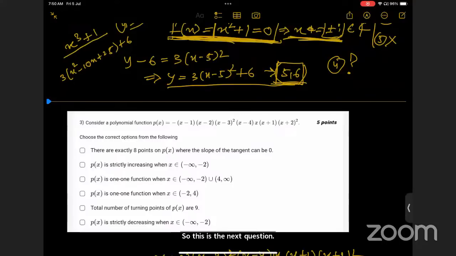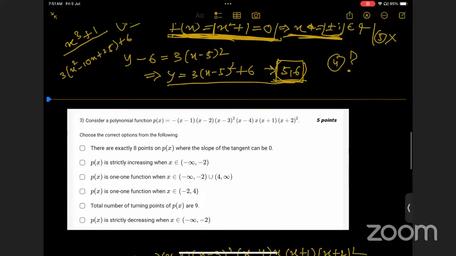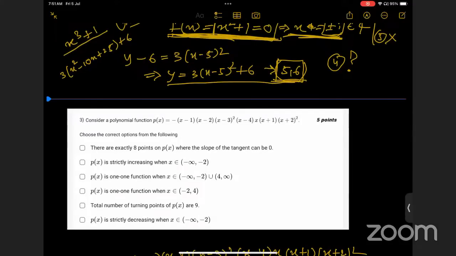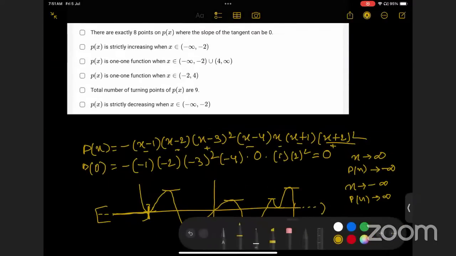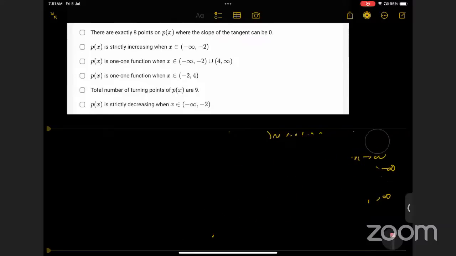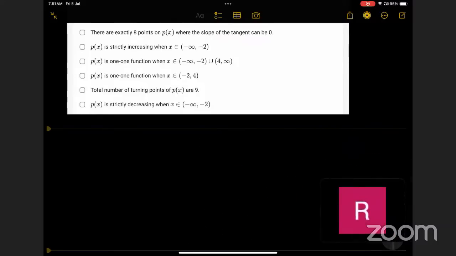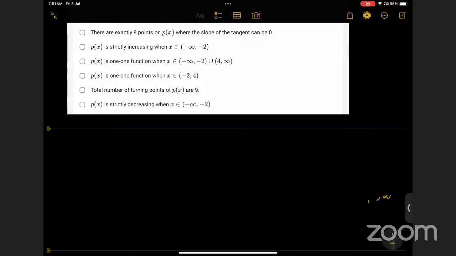Try to solve it. Write your answer in the chat box, okay?